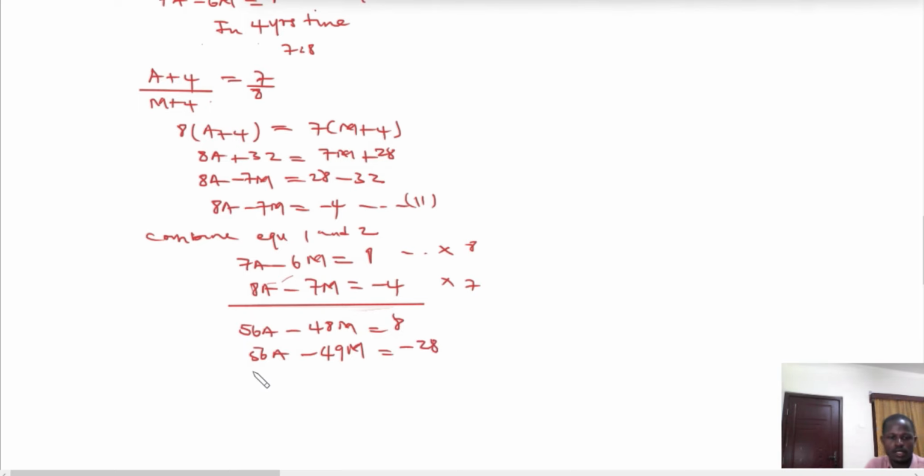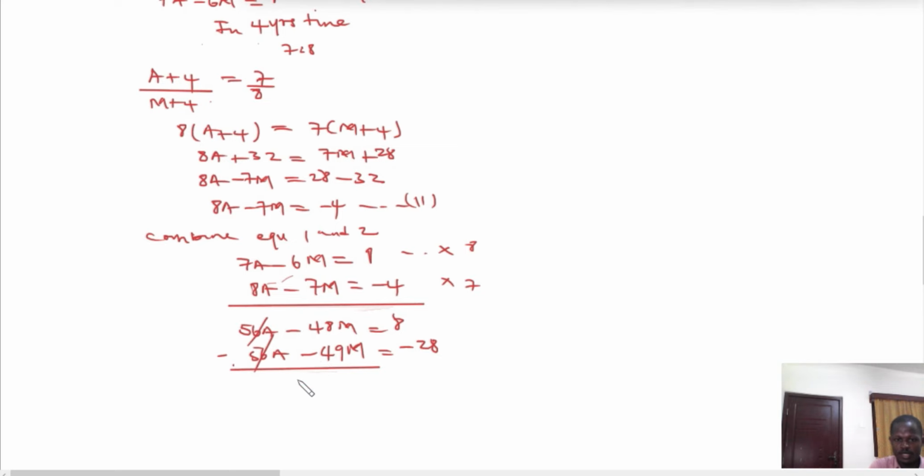So let's write again our line. Here we subtract, since these two are positive: 56A minus 56A gives 0.